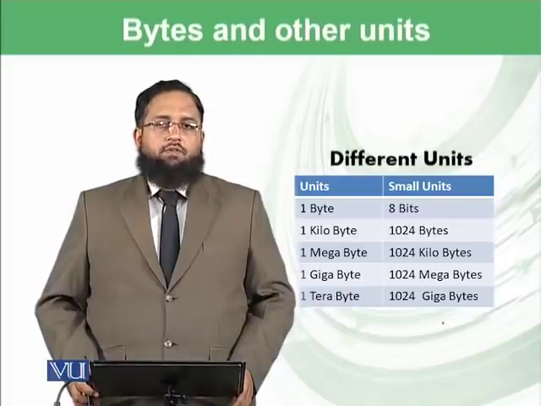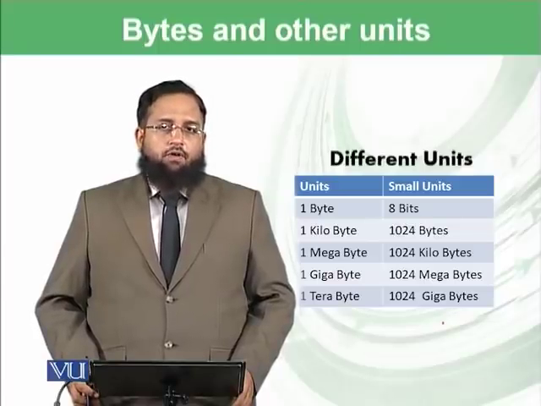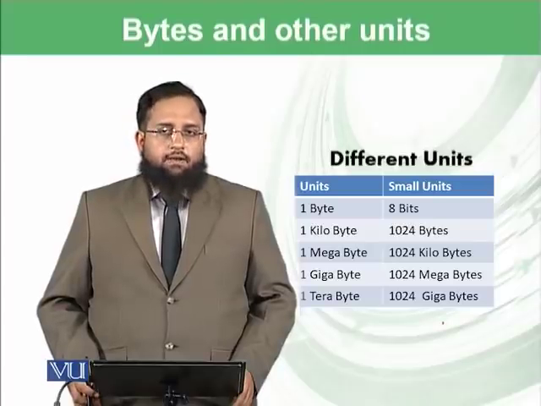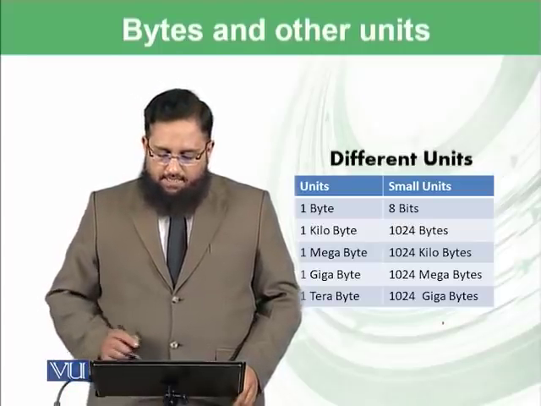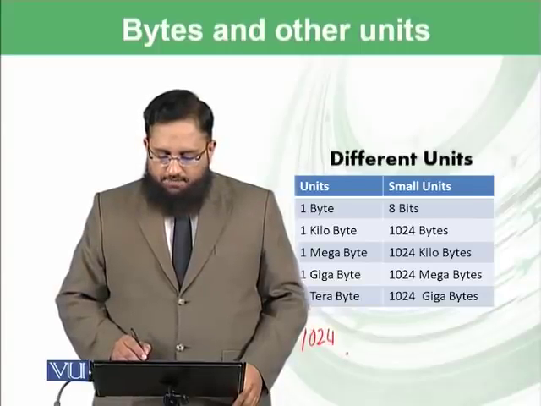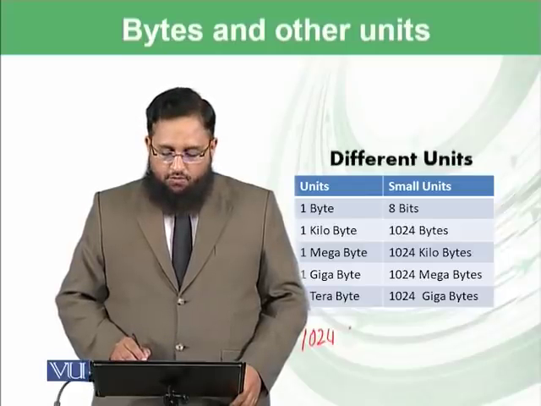So you must have heard about this kind of sizes of hard drives and RAMs. So for example, if you say that you have a hard drive of 1 terabyte, this means it has 1024 gigabytes. If we want to find how many megabytes it has, you will again multiply it by 1024.